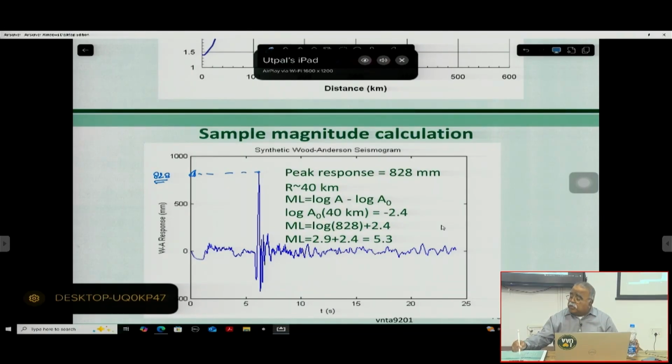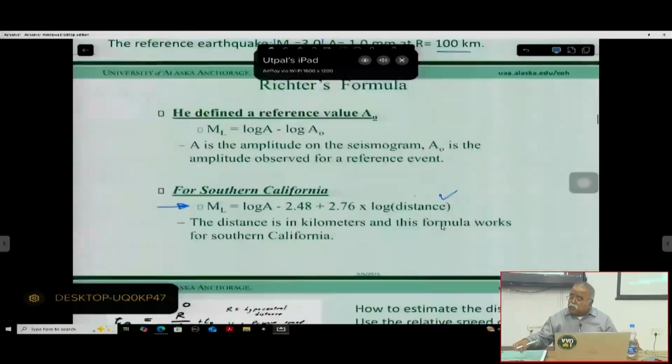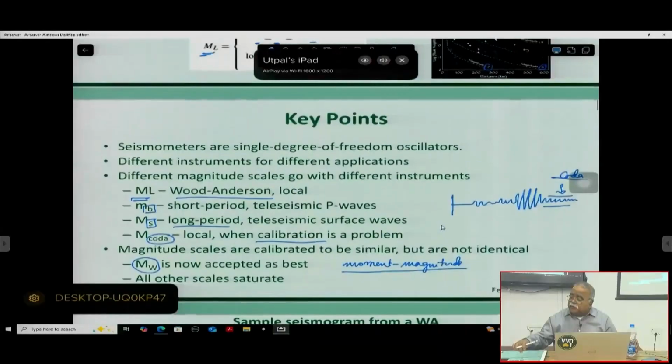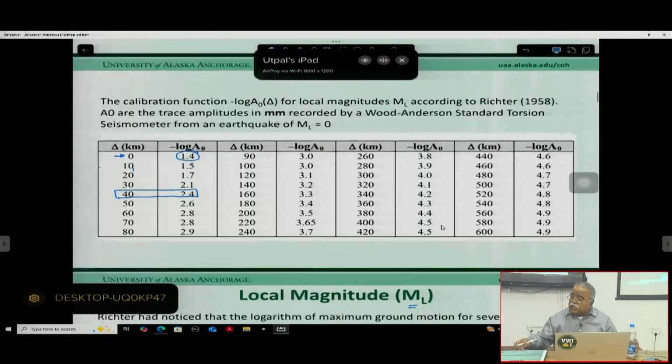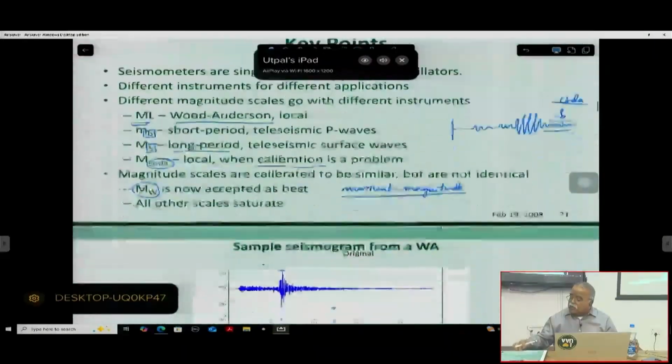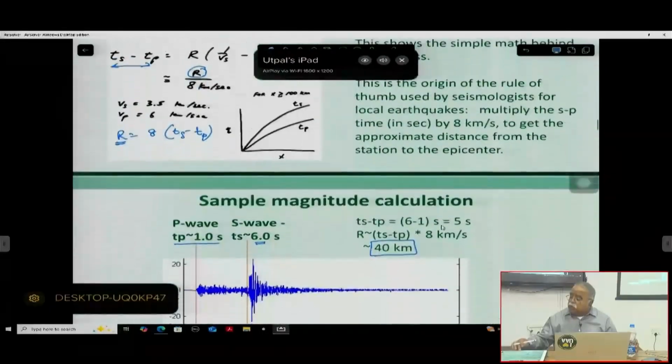So the distance is 40. Then we have to see the table to calculate log A0 values. So let's go back to calculate log A0 here. Yes, at 40, the log A0 equals 2.4, right? So this is the minus log A0. You understand that minus log A0 is already given as 2.4, so you can put that.